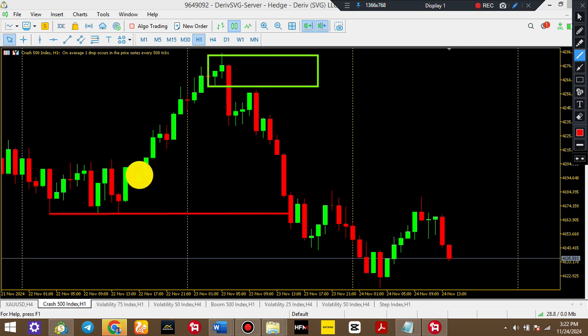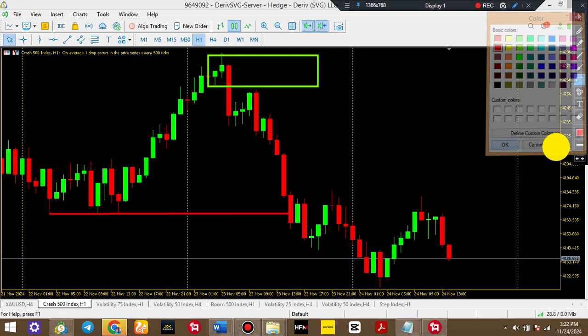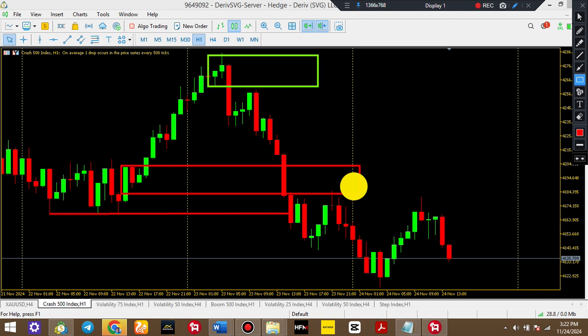So this zone, which initially was your demand zone or bullish order block, becomes your breaker block. Here becomes your breaker block. Can you see it? When price comes in, some traders who don't have knowledge about it will be waiting for price to come in to take a sell, right?